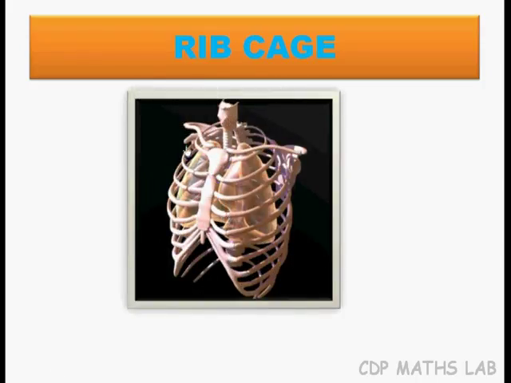Now let's look at, can you identify this bone? Yes, this is what? The rib cage. Good. Now what is inside of the rib cage? It's the what? Lungs. So guess what?